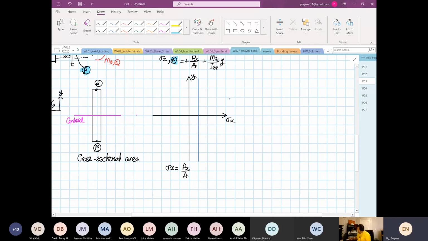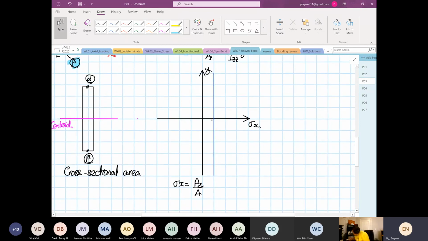Okay. So this value over here is equal to Px over A. So this is tension. Okay, so this is our tension.